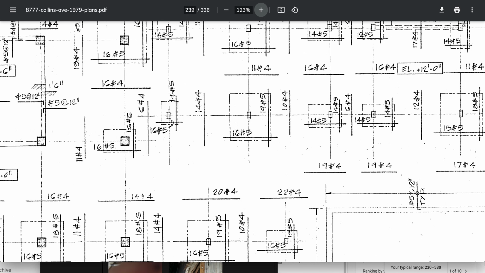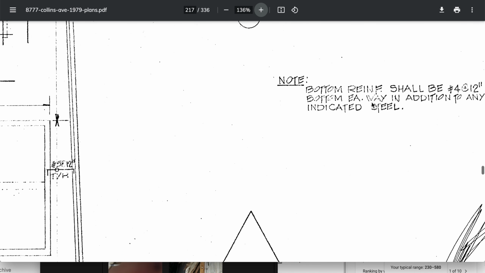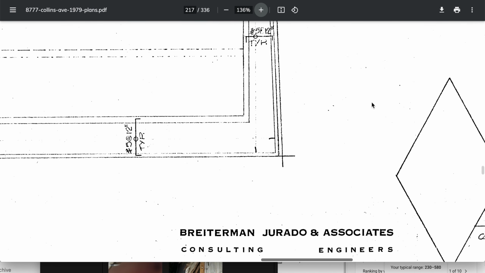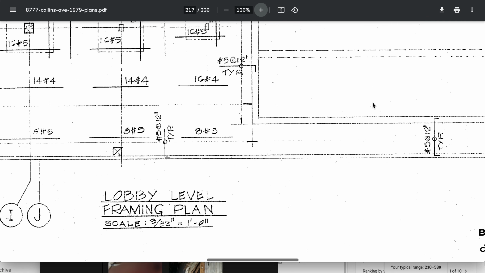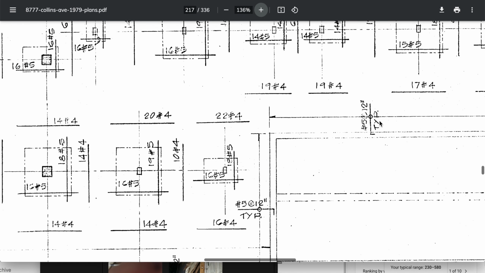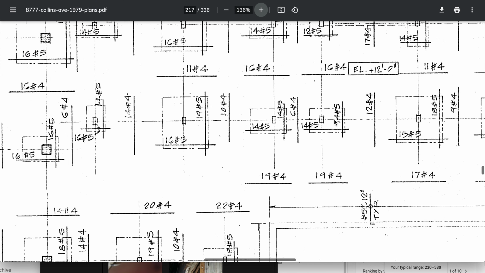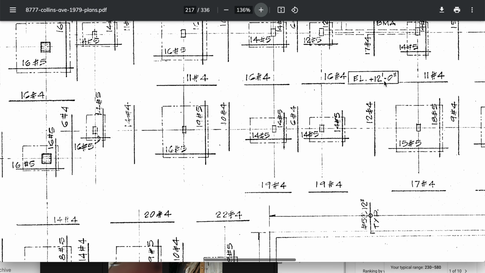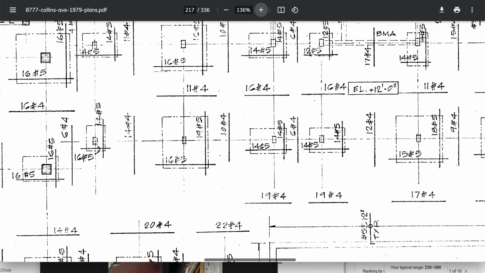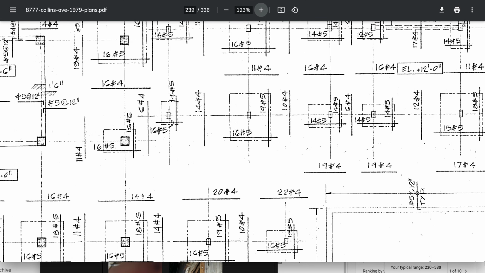So we go to page 217. We look at the pool. We see the pool and we look for elevations again. And this says 12 feet. Elevation is 12 feet here. So 217 and 239, 12 feet. So elevations are matching up. Look at the reinforcements here.